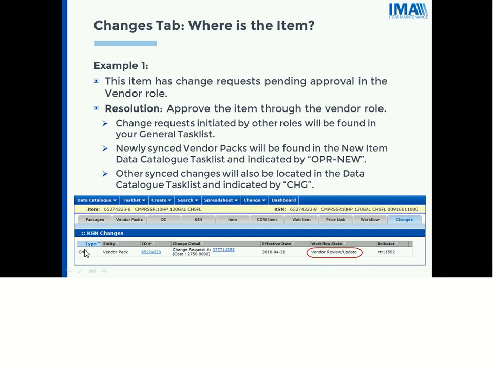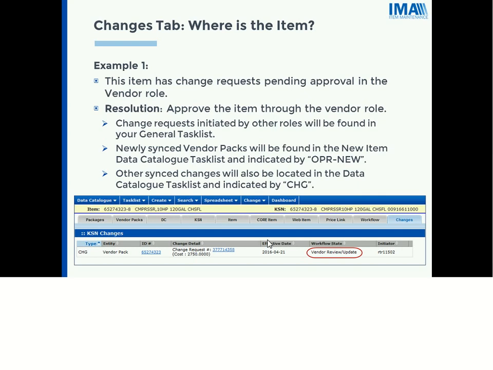CHG stands for change or change request. And then we can look at the change detail here, and this actually tells you what the change request is. It's a cost change. And if you created this change request and you want to edit it, you can click the hyperlink next to change request number.